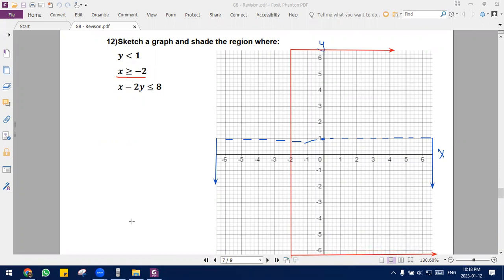Okay, now here's the thing. We still have this equation. For this equation, in order to draw the line, we need some points. But before the points, let me fix the equation a little bit. Use green for this line. So here we have x minus 2y less than or equal to 8.